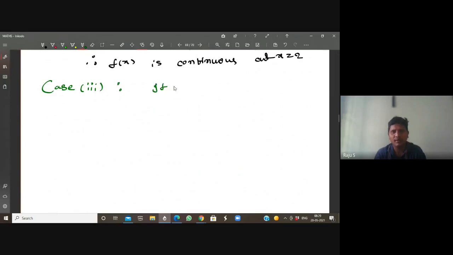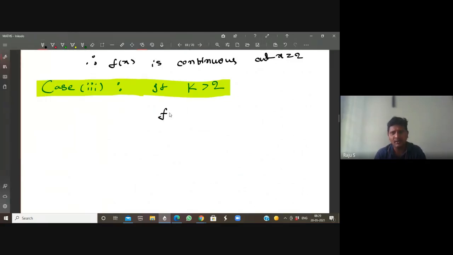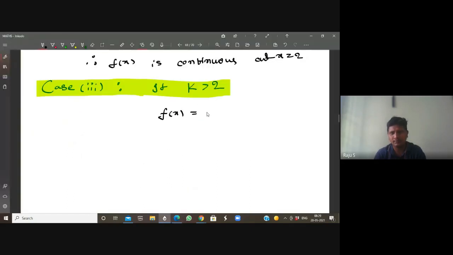If k is greater than 2. So let's see here when greater than 2, whether it is continuous or not. So what is the function value when k is greater than 2? x square plus 1.